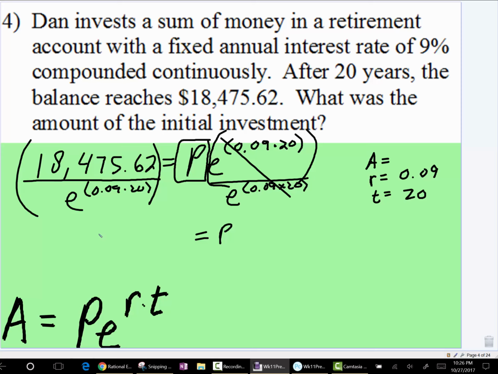And that tells us that the initial investment, the initial principal, was $3,053.99999, so that's actually going to round to $3,054.00, and that's the principal.